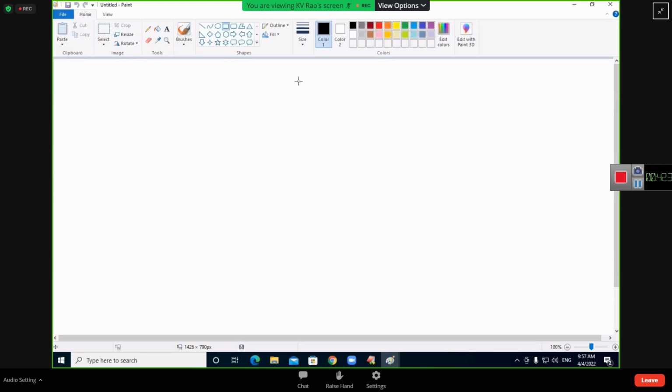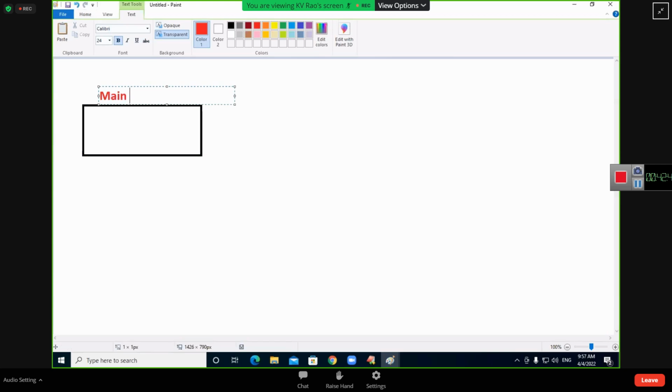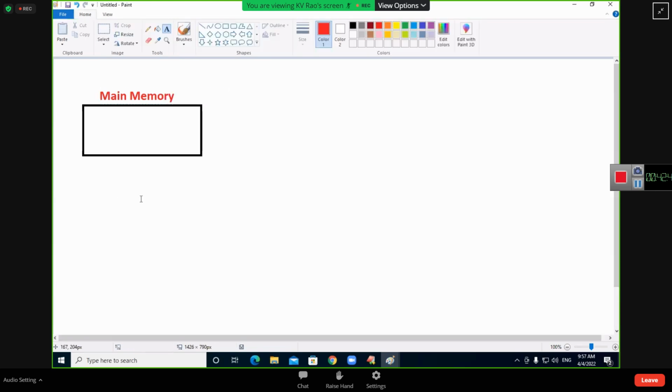Assume, as I discussed already, this is the main memory of the computer. This is called main memory. In the main memory, I got the data from somewhere else, from the keyboard.